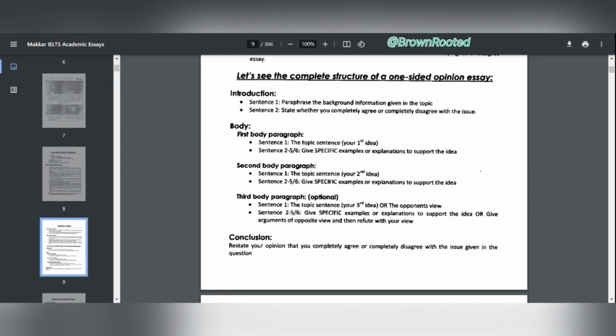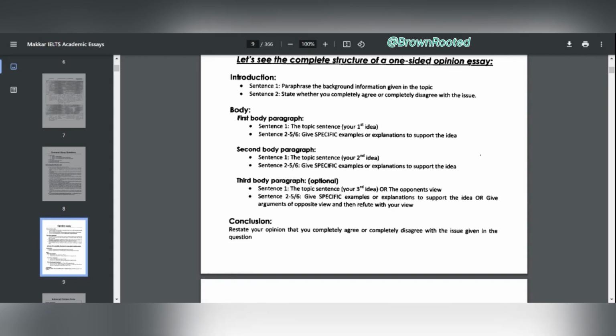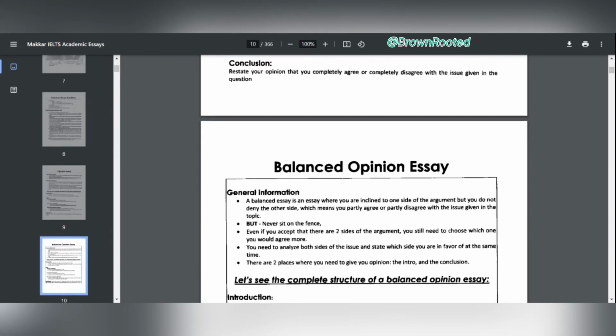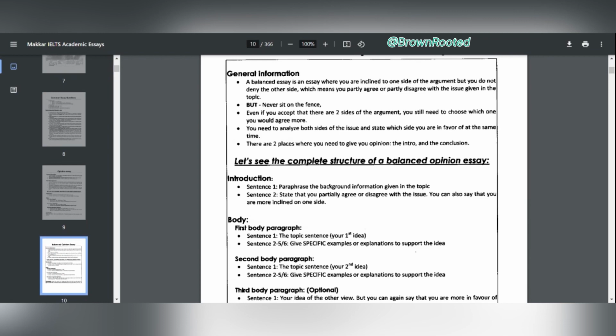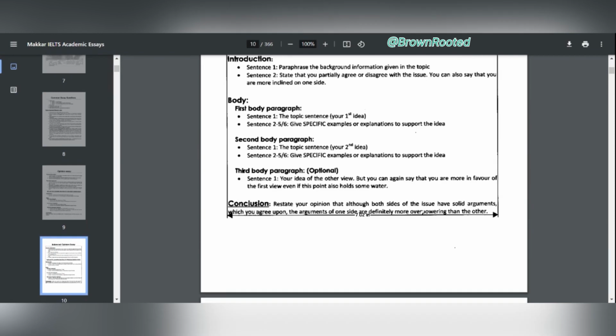But if you think it's needed and you are still lacking in qualifying the word limit, then make a third paragraph. And in the conclusion, restate your opinion, whether you agree or disagree. Now, balanced opinion, if you think yes, no, I agree, all of that.